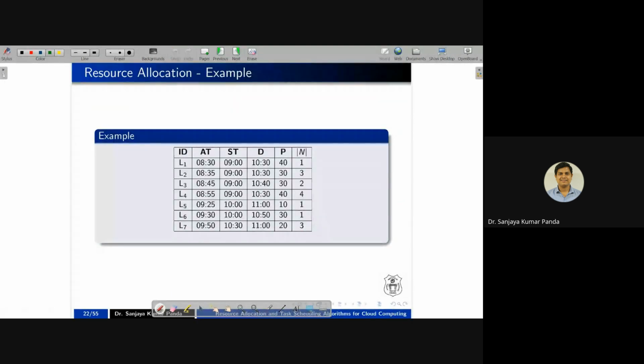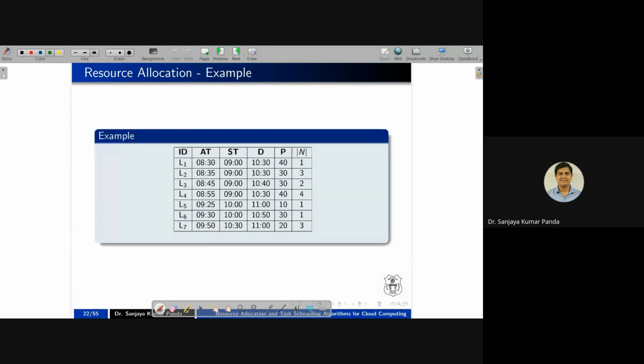So take an example. If you look into this example, how many leases do we have? We have 7 different leases, L1, L2, L3 up to L7. Their arrival time is given, start time is given, deadline is given, duration or period is given, and number of nodes is given.